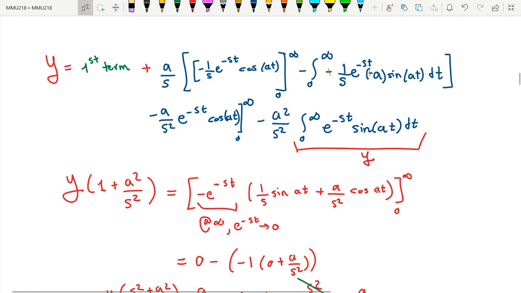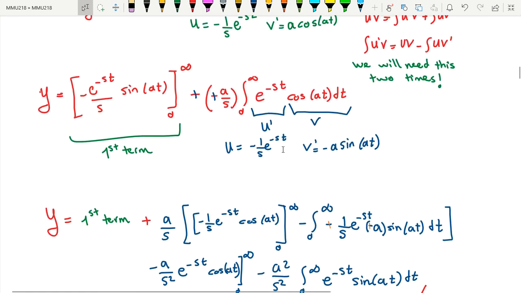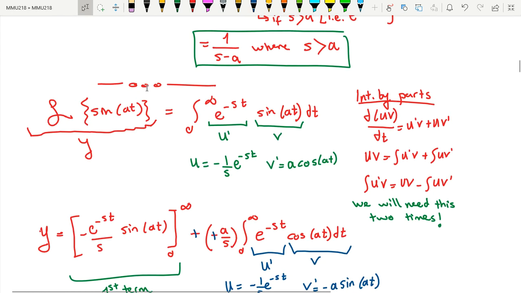So hopefully you can now understand that once we sort out the terms, we are repeating what we had originally called y here. Laplace of sine at is this.